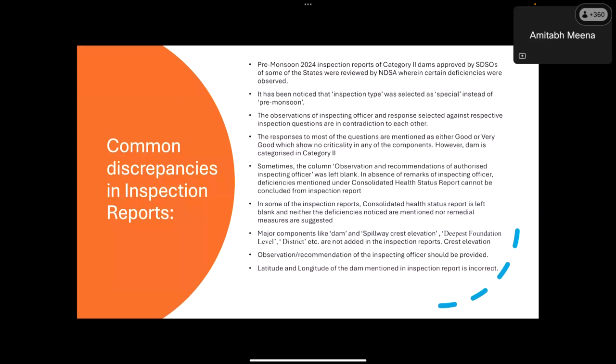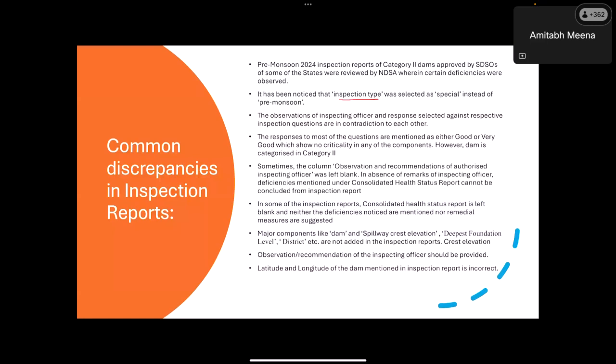These are listed here. Some report the inspection type wrongly. As I have already explained, regular inspections are only pre-monsoon and post-monsoon. Whenever there is a situation like flood or earthquake, we have to do an additional inspection, that is special inspection.